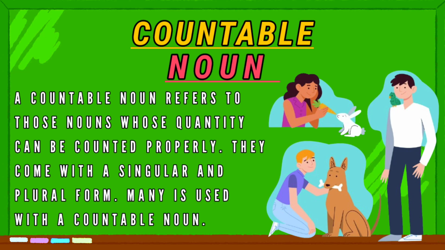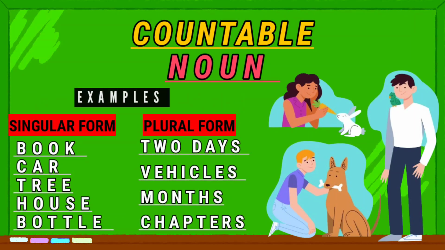So whenever we ask the quantity of an object, how shall we ask it? How many? It means that many is used with a countable noun. And in a countable noun, you can count any object like 1, 2, 3. Now let me show you some examples which will clear all your doubts regarding countable noun.